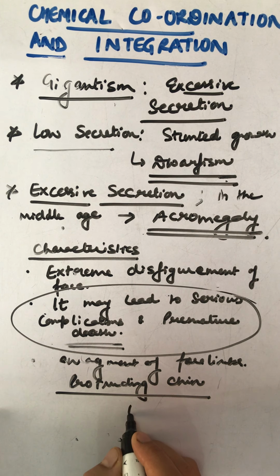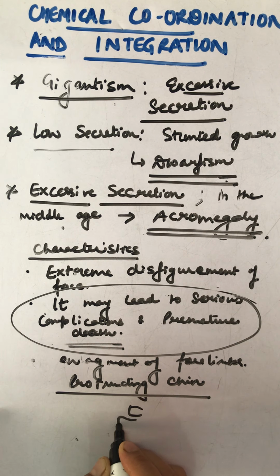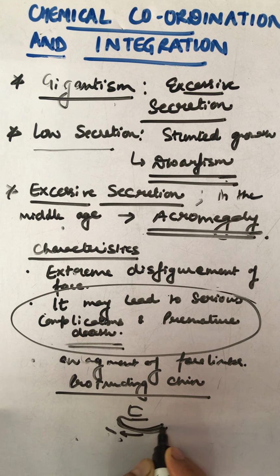The jawline, if this is the lip section area, it moves further. This is the protruding chin, it moves a little forward, increased. This is protruding one. Clear? This is about growth hormone.